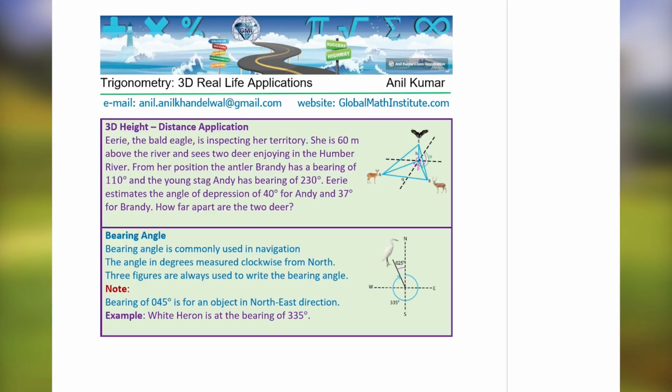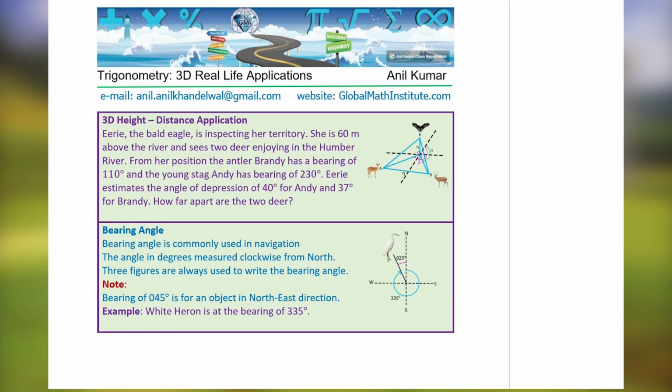Well, here is an approach to solve such questions. We have used the term bearing angle. Well, some of my students do not really understand what a bearing angle is. And therefore, I'll take a moment to describe what a bearing angle is. Here is another example with another bird. What you see here is a bird which is the beautiful white heron.